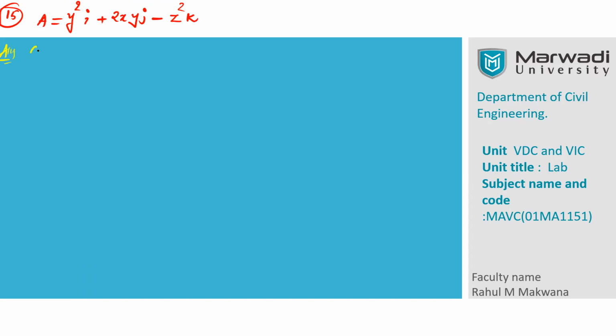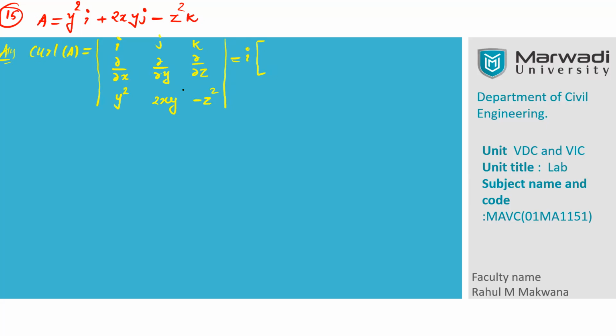Find curl of A. So we have 3 by 3 determinant i del by del x, coefficient of i, j del by del y, coefficient of j, k del by del z, coefficient of k. This is the formula of curl.